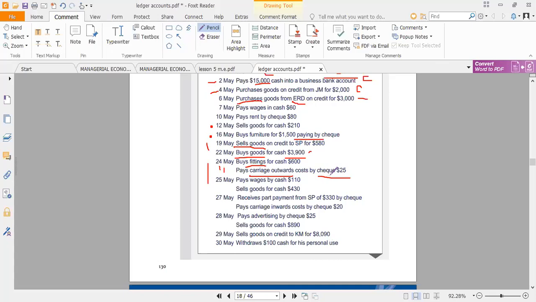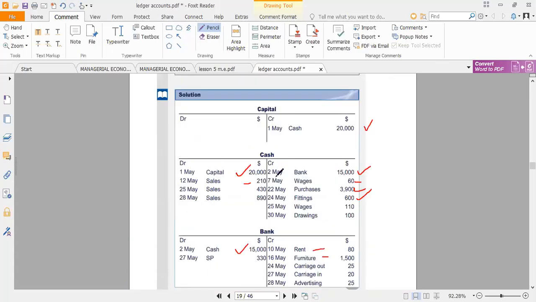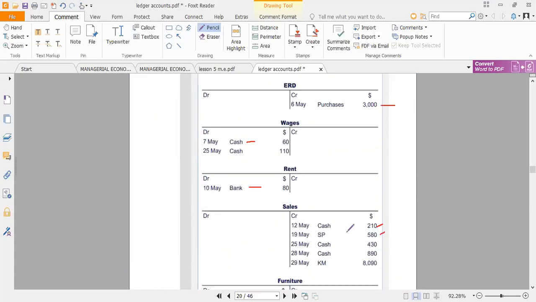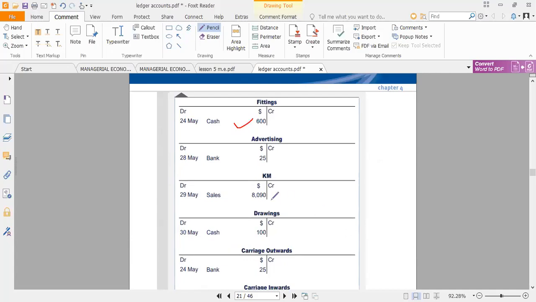You credit the bank, then you debit the carriage outwards account. Excellent. So 25, we go to the bank account, 25, we say carriage outwards. And we go to carriage outwards, which is an expense. All expenses have a debit. So we debit carriage outwards 25.